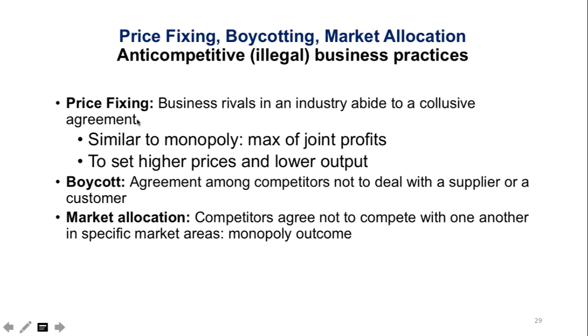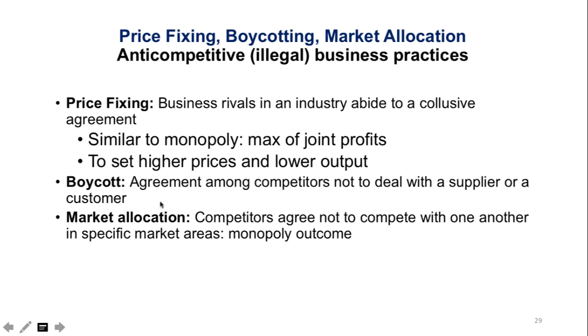For example, price fixing among business rivals in an industry, where they form a collusive agreement to act like a monopoly to maximize joint profit, is illegal because they try to lower the output and set prices higher than in a perfectly competitive market.